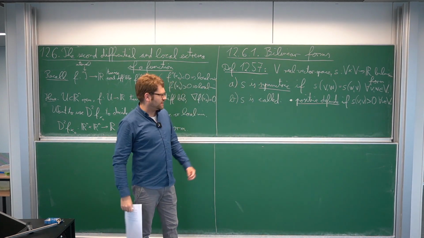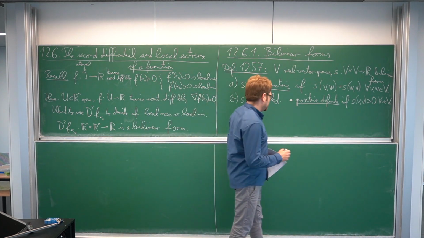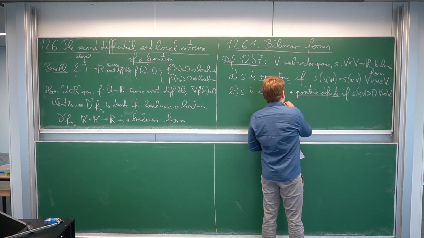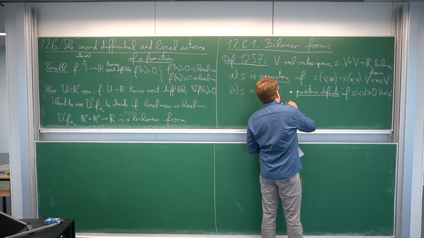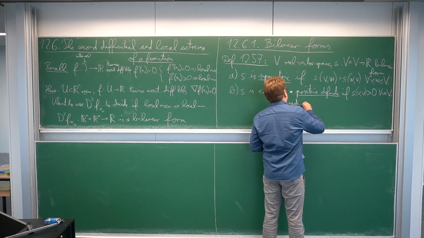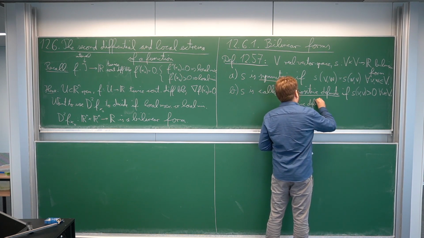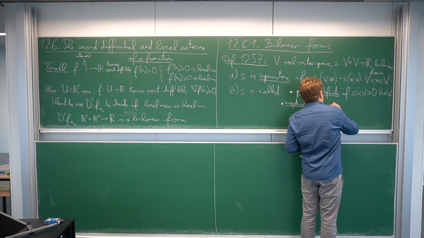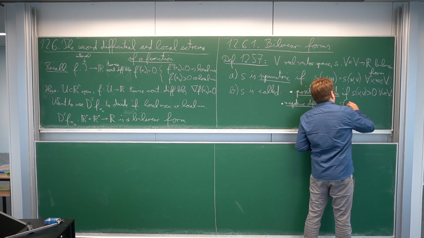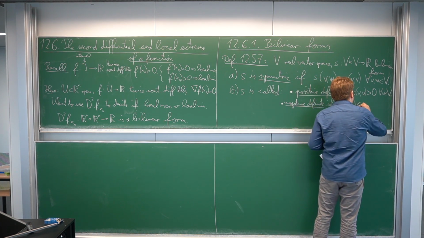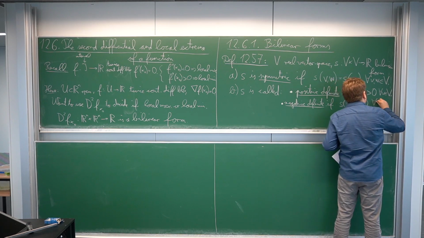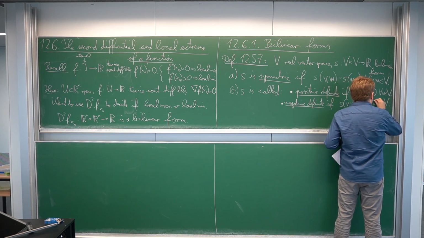This is a defining property of inner products. We define 2 more properties. First of all, negative definite, and now you can probably tell what this will be. Negative definite if S of V comma V is smaller than 0 for all V in V.